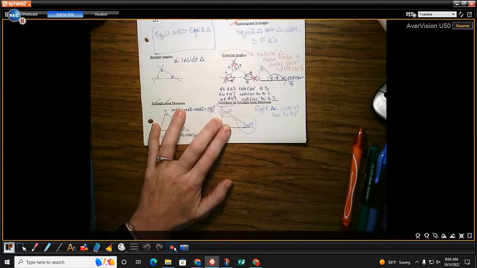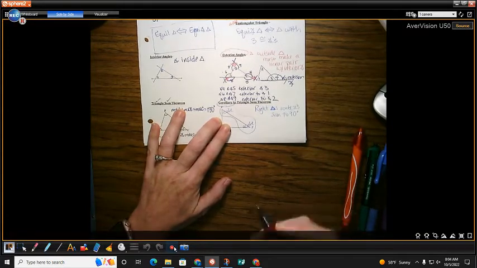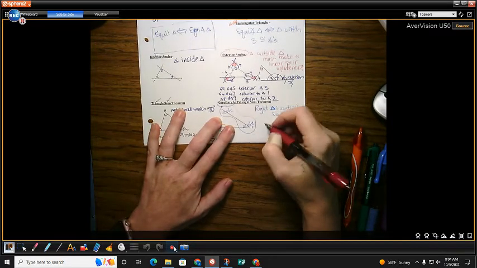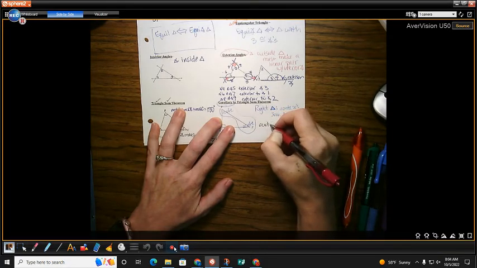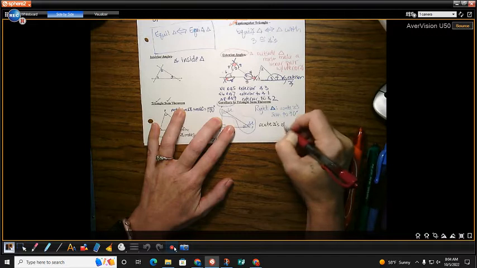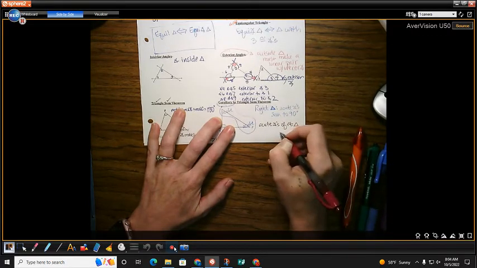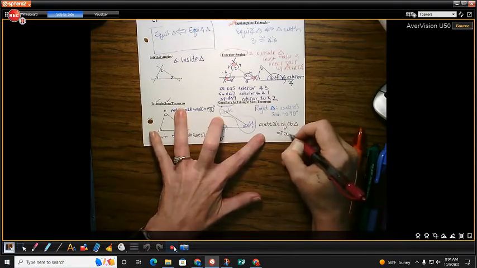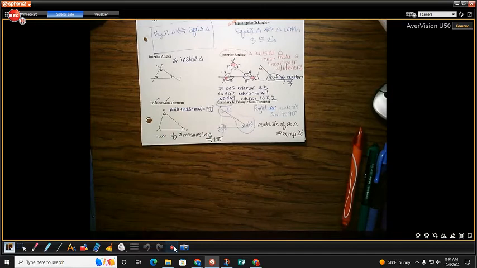We can make an implied statement out of this. So let's see. We've got the acute angles of a right triangle implies complementary angles. Thank you for making that connection for us.